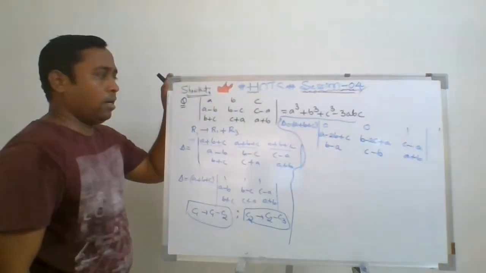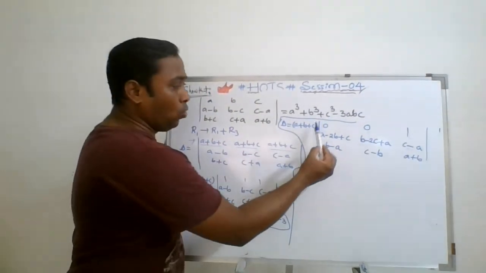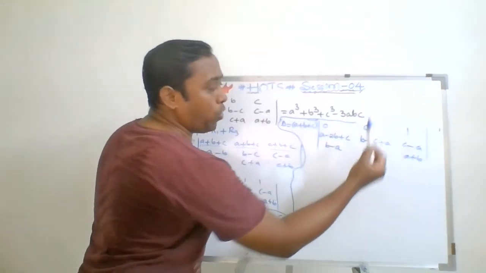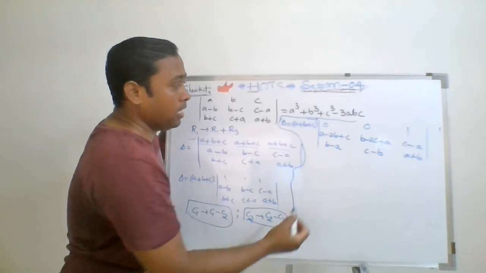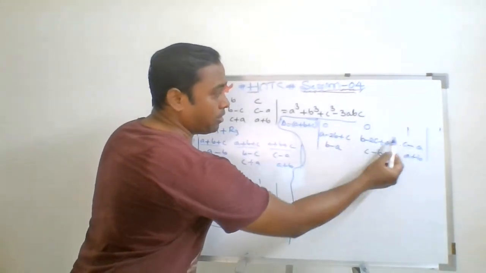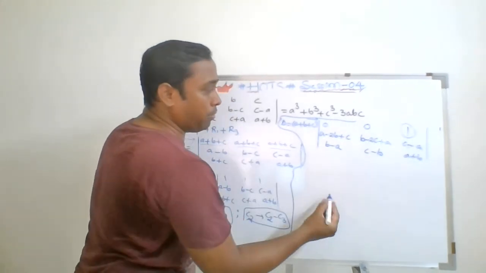That's it. Now we luckily got two zeros here. The only thing now is, with the help of R1, I am going to expand this determinant. These are already zeros, so no need to consider these elements, only go directly with this element.